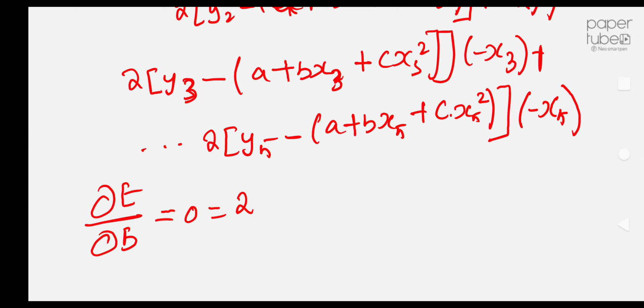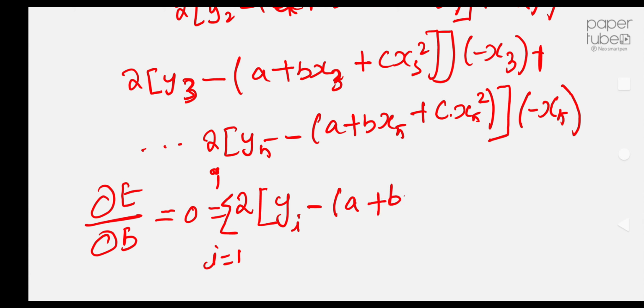This will be equal to the sum, where i is equal to 1 to n, of 2 times (y of i minus (a plus b x of i plus c x of i whole square)) multiplied by minus x of i.